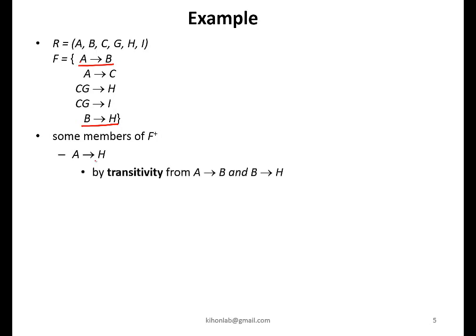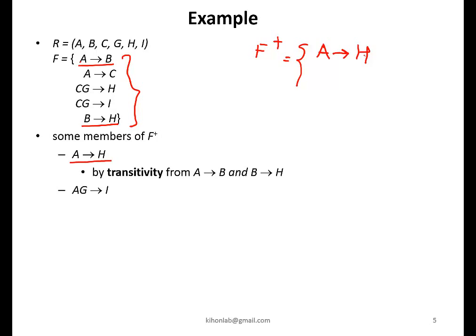That is transitivity. So it will include A derives H in the F closure. Along with all these dependencies, I can add one more logically implied dependency, that is A to H.